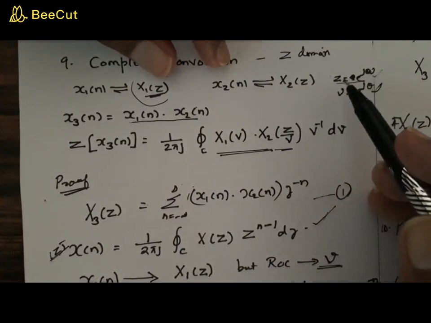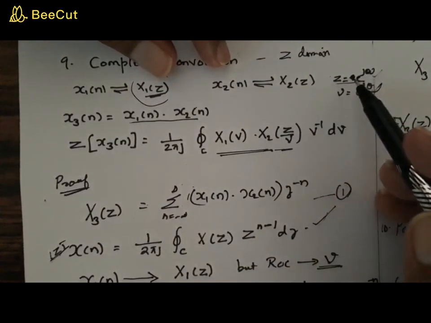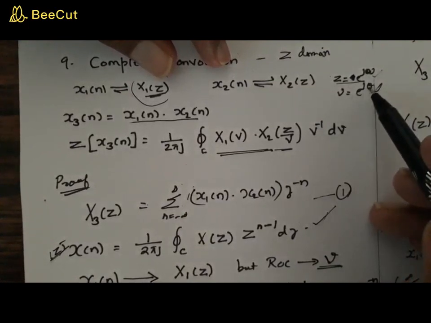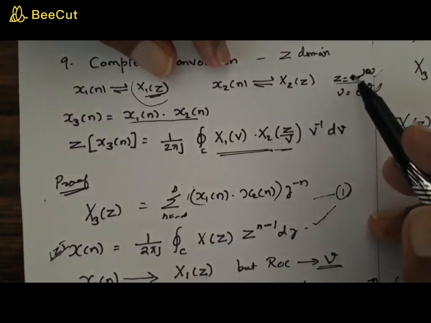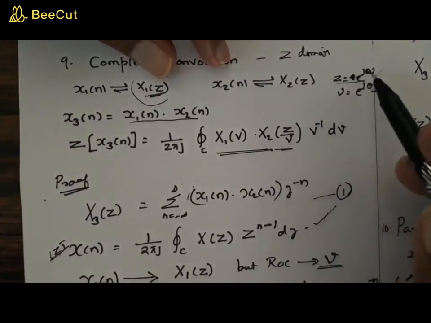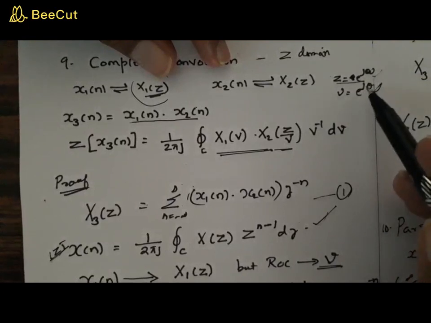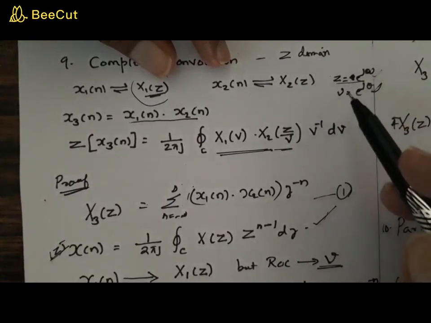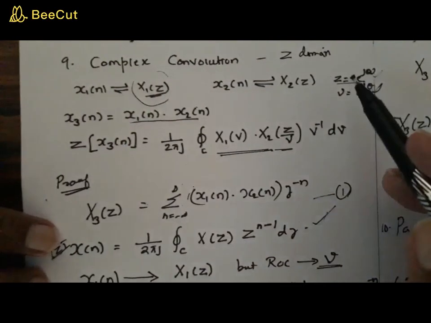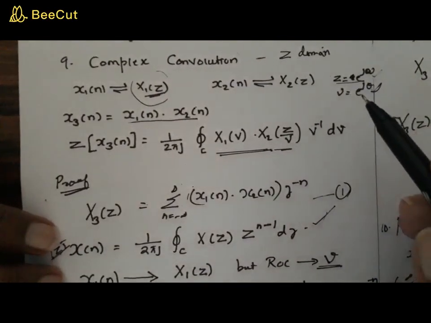We have already defined z to be some r into e raised to j omega. Here v is defined as r into e raised to j theta, but in this case we simply take r to be equal to 1. So z and v are defined as e raised to j omega and e raised to j theta, meaning both are of the same characteristic.